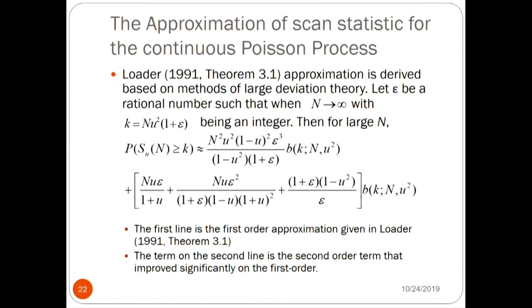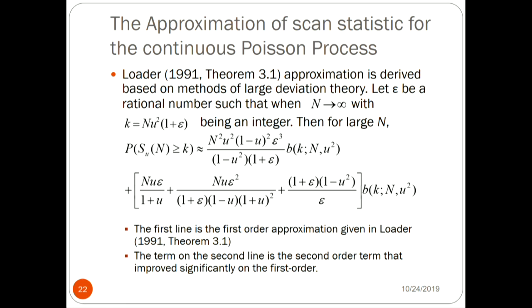We also use approximations for the tail probability of the scan statistic, which is in this quite complicated formula, developed in an article in 1991, Theorem 3.1. This formula is based on large deviations, and the second term is a second-order term that improves on the first term of this formula.